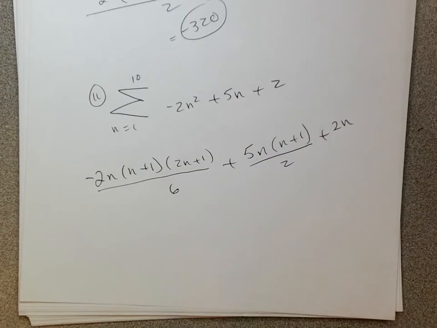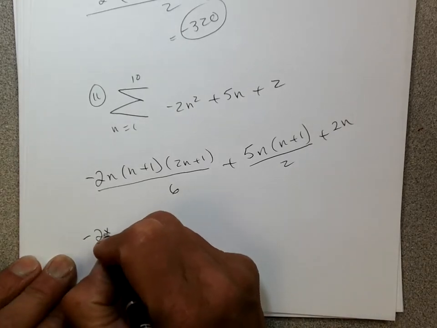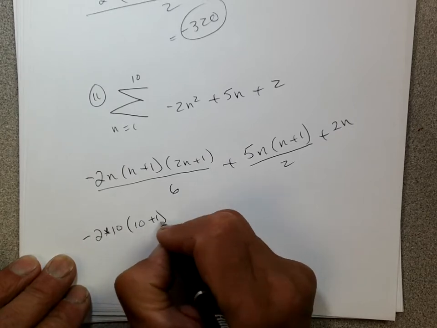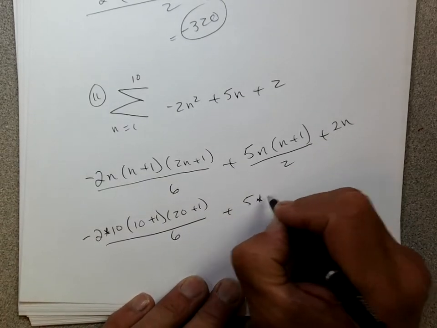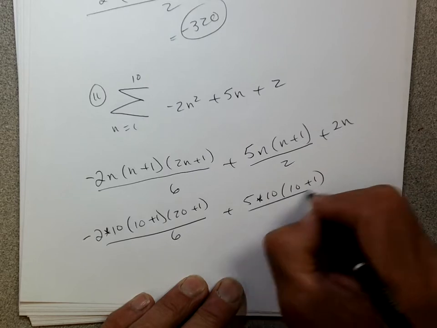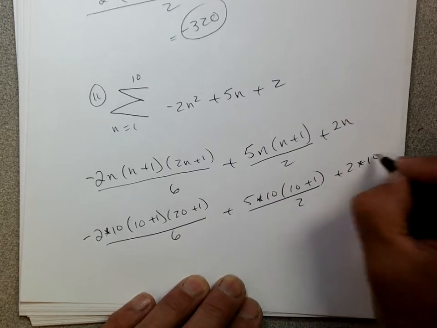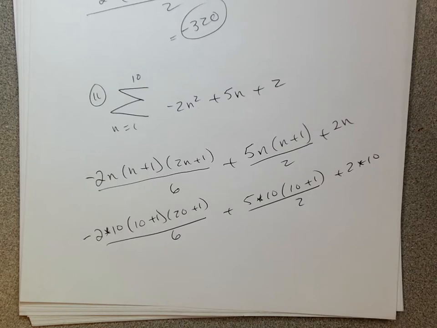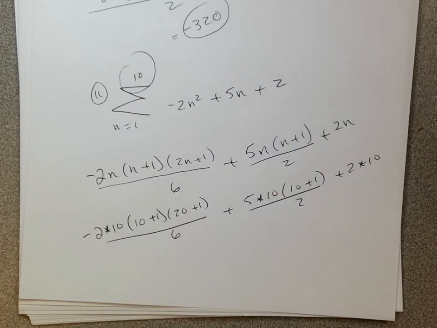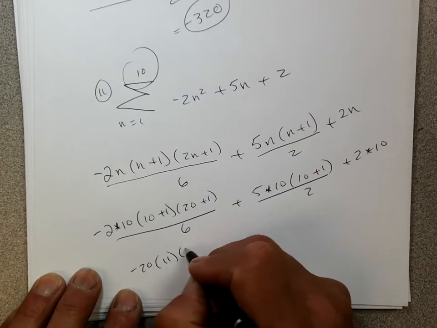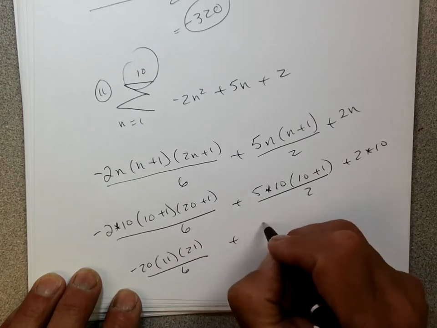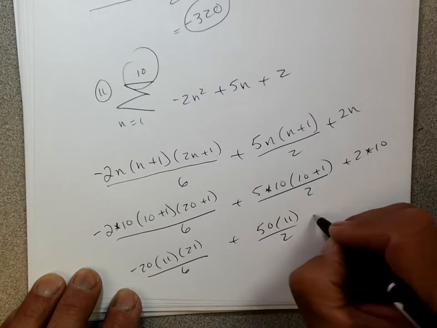It's not that bad because we're just going to plug in 10 for n. Negative 2 times 10 times 11 times 21 over 6, plus 5 times 10 times 11 over 2, plus 2 times 10. I wrote down the formula for n squared, n, and a constant, and plugged in 10 for n. Simplifying: negative 20 times 11 times 21 over 6 plus 50 times 11 over 2 plus 20.